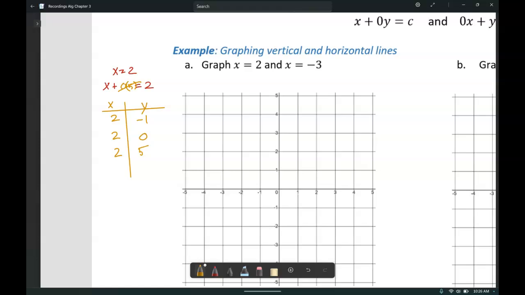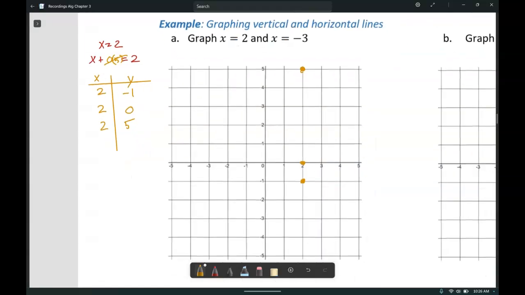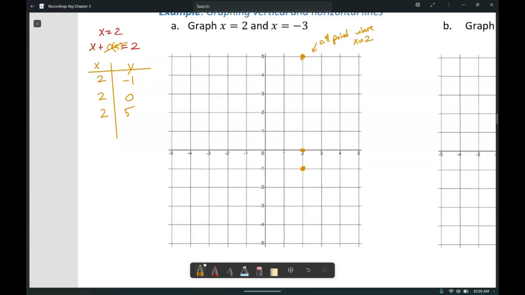So no matter what value of y we use, x has to be 2, and so x will always be on this vertical line defined by all the points where x equals 2. So we have this vertical line that runs here.